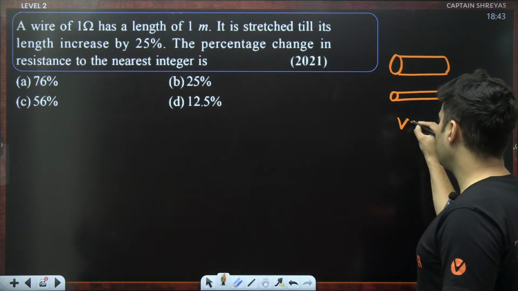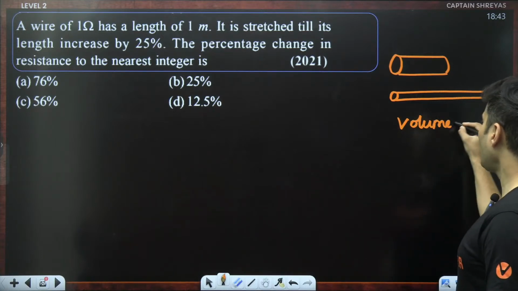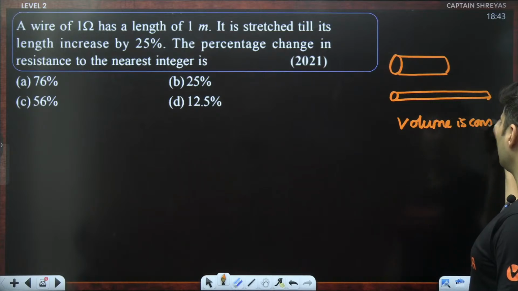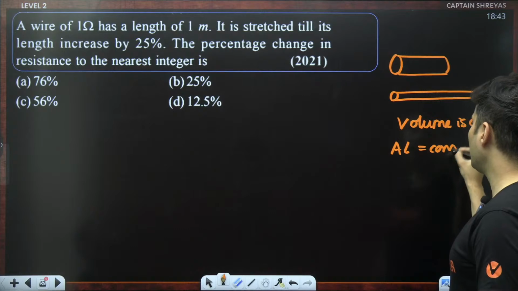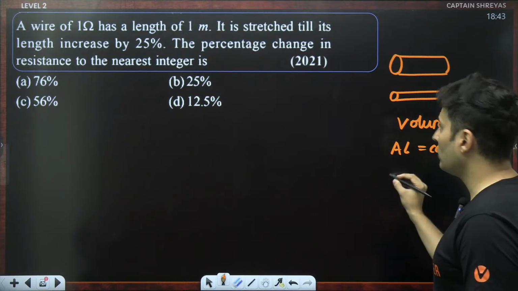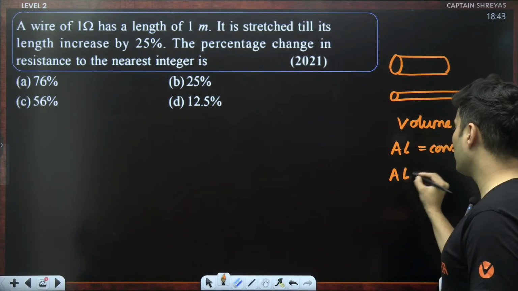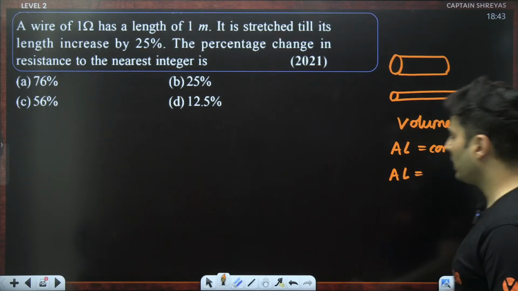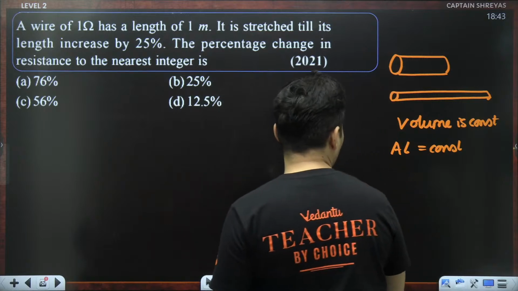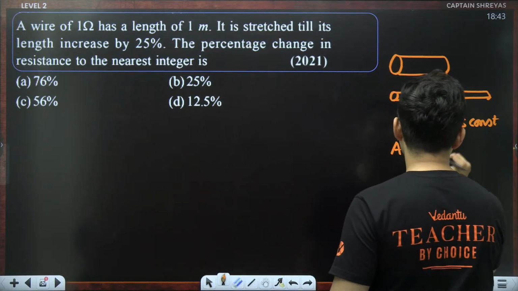What remains constant is the volume. So area into length is basically constant. So original area was A, length was L. So if final length is 25% more, all right, we'll do one thing. I'll just write area into length is nothing but volume.